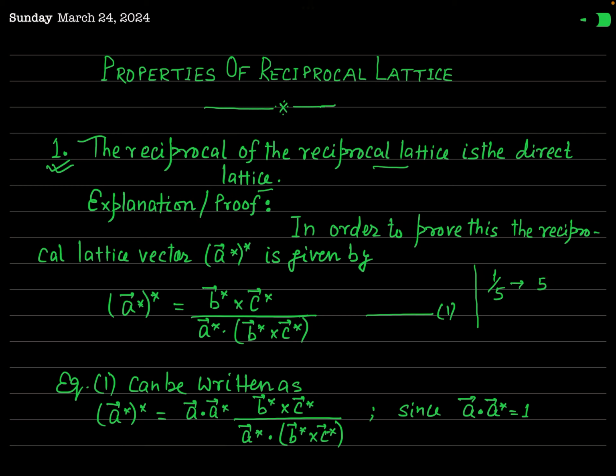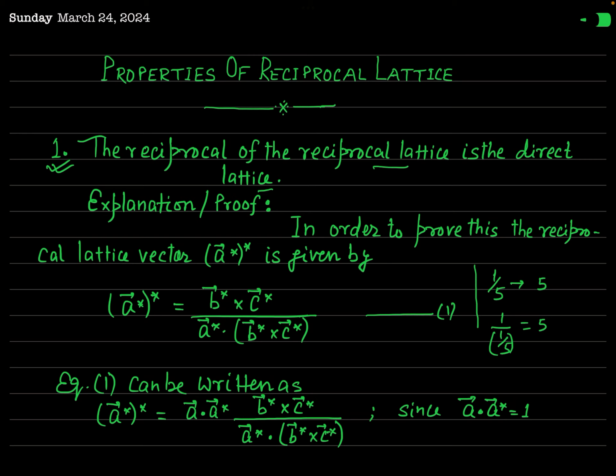When you take again the reciprocal of 1 over 5, you get 5. So the reciprocal of the reciprocal of a number is the original number. Like that, when we take the reciprocal lattice of a reciprocal lattice, we get the direct lattice. It means the reciprocal of the reciprocal lattice is simply the direct lattice.